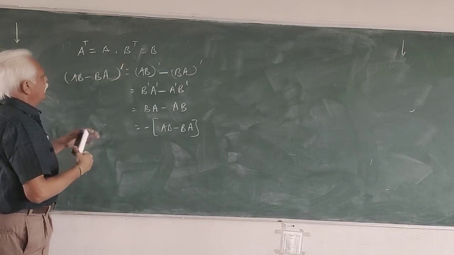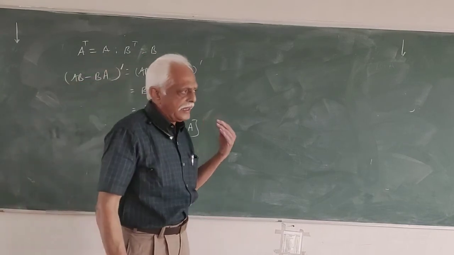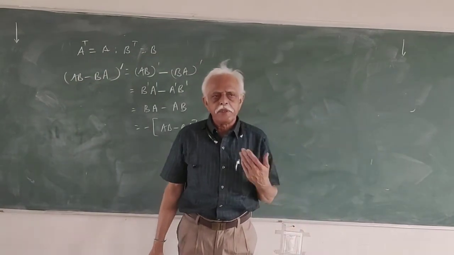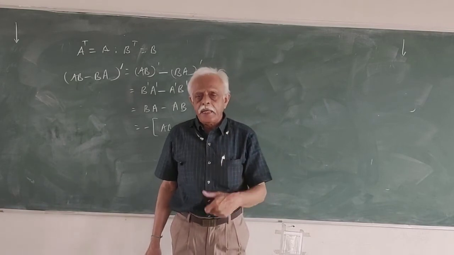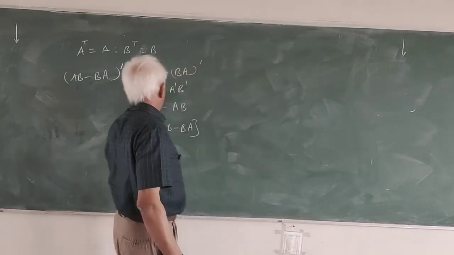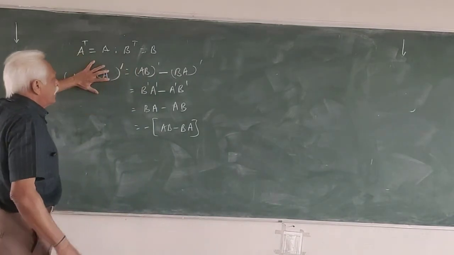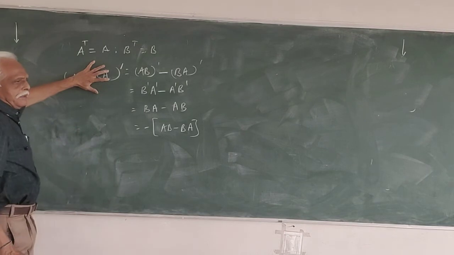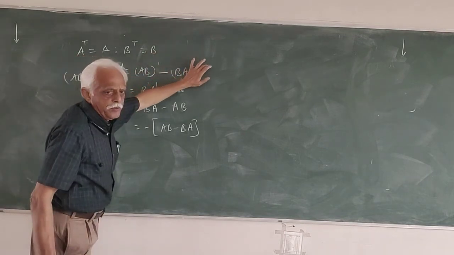Now, if A and B are symmetric matrices, means A transpose is equal to A and B transpose is equal to B. Now we have to find what will be AB minus BA. Take AB minus BA as one matrix P. P transpose means we will be getting AB whole transpose minus BA whole transpose.